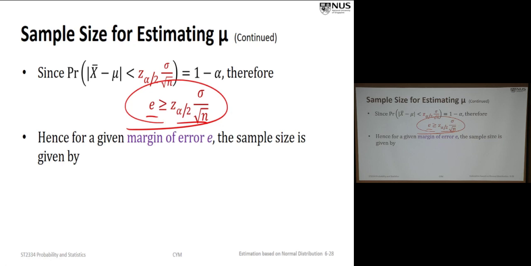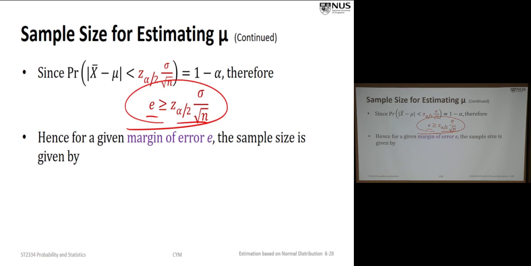What are we trying to do? What's the initial question? What's the objective of doing all this? We want to find the sample size, how big the sample is, so that it achieves the statement: the margin of error specified, and the probability of the error being within the margin of error is at least 1 minus alpha.